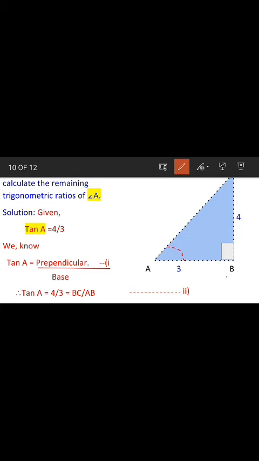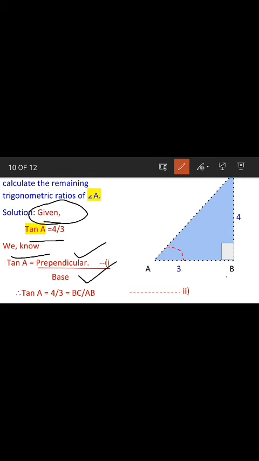Let us see. First of all, we always take into consideration what we are given. Here we are given that tan A is 4/3, or you can say 4 divided by 3. Also class, we know that tan A is always perpendicular upon base. Is it right class?